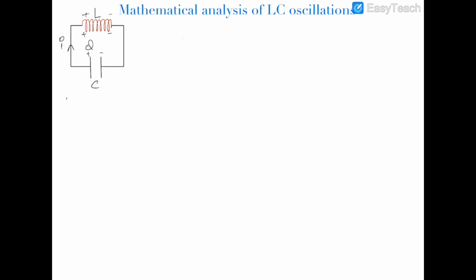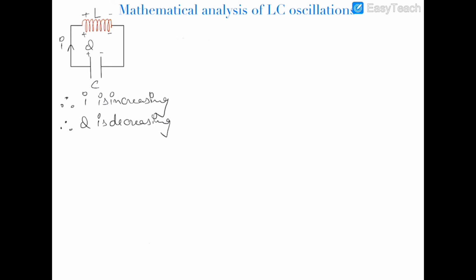Therefore the current I is increasing and the charge Q is decreasing, because the capacitor is charging the inductor, and the current in the inductor would be increasing as its energy is increasing, and the energy of the capacitor is decreasing, therefore its charge would be decreasing.